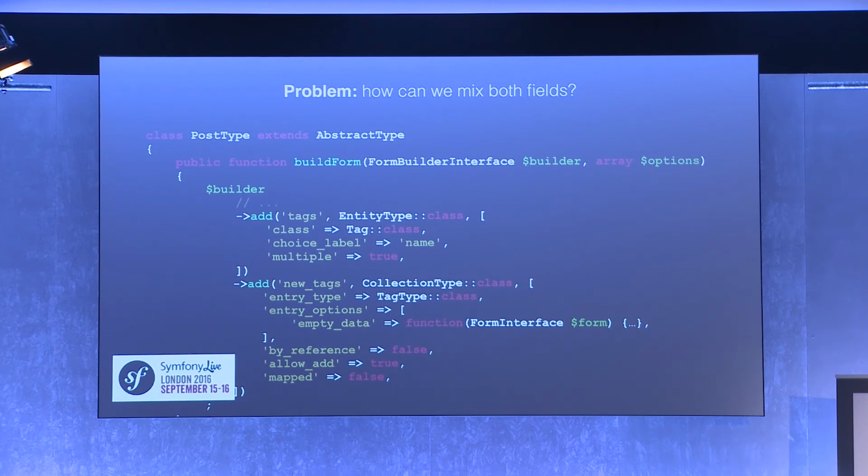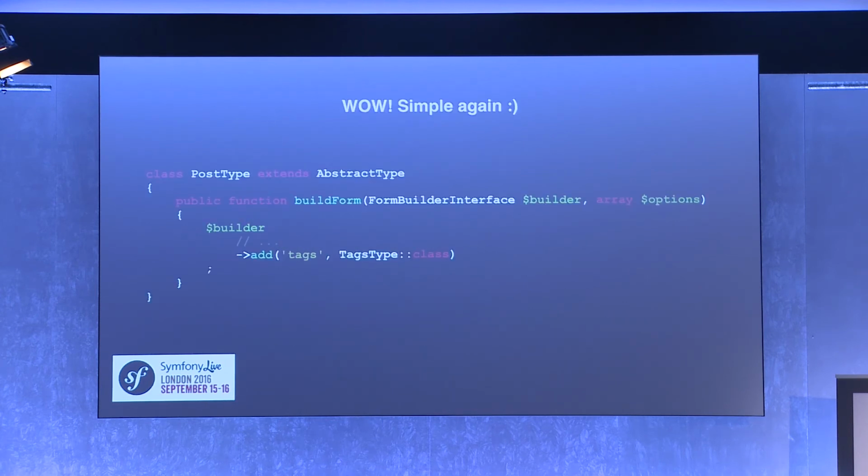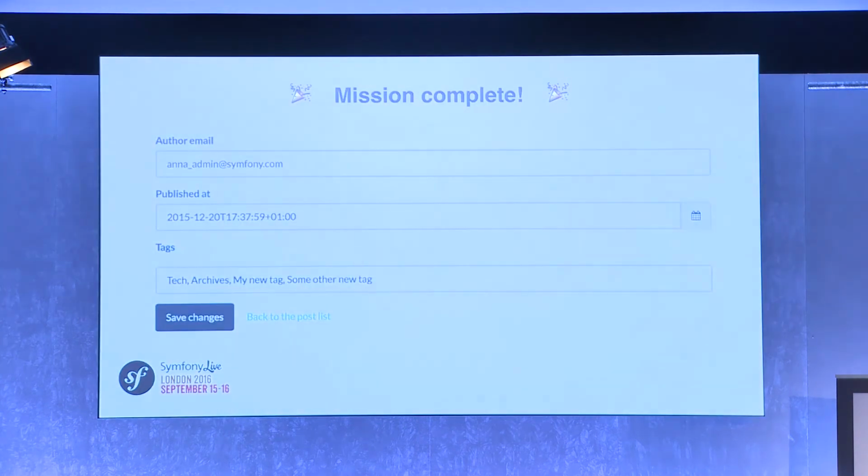So we were there, and now we're here. Very much simpler, because our tags type holds all the logic we need in that case to handle the tags. And this is it. It's smart enough to build and create a tag if it doesn't exist. This is really cool.